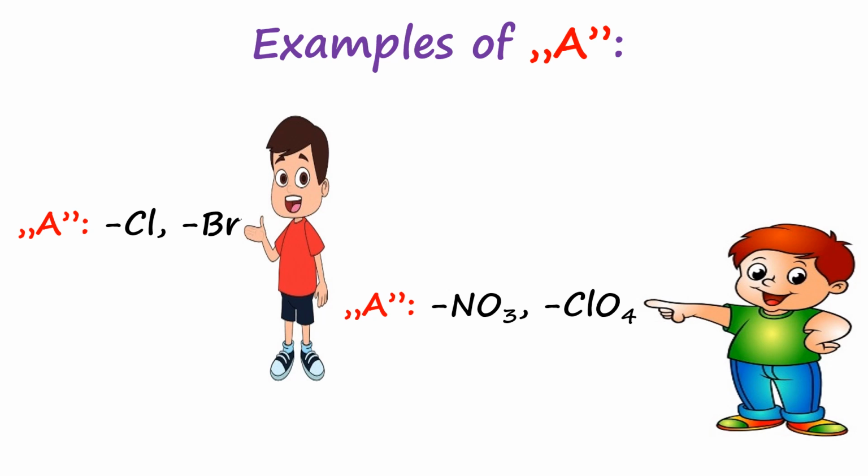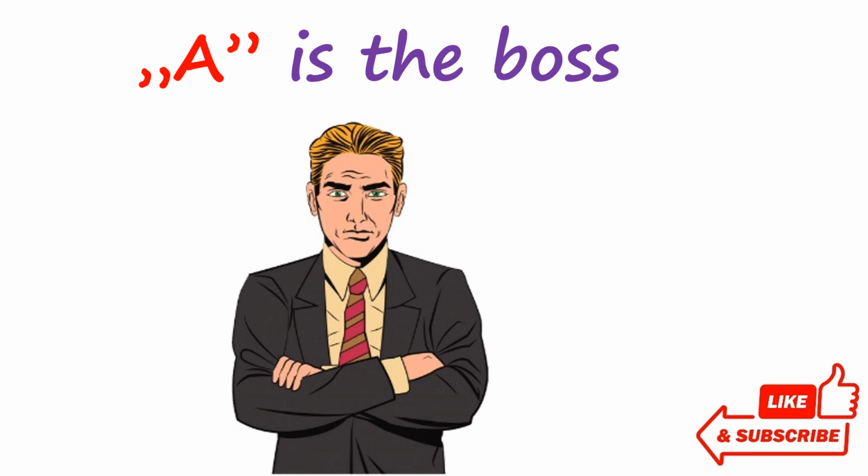Because if, for example, A is divalent, there will be 2 hydrogens. And if it is trivalent, there will be 3 hydrogens. Our magic A determines the structure and properties of a given acid. I think we can safely say that A, the acid residue, is the boss here.